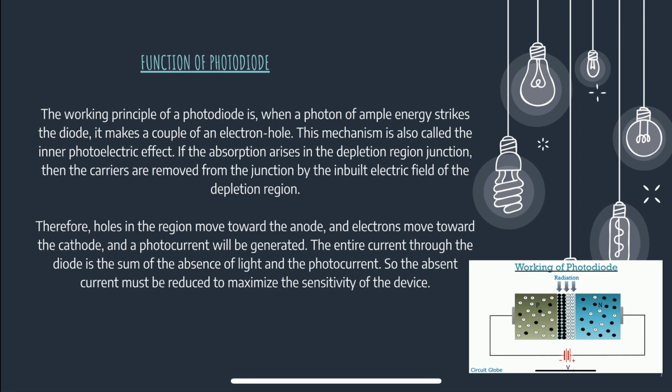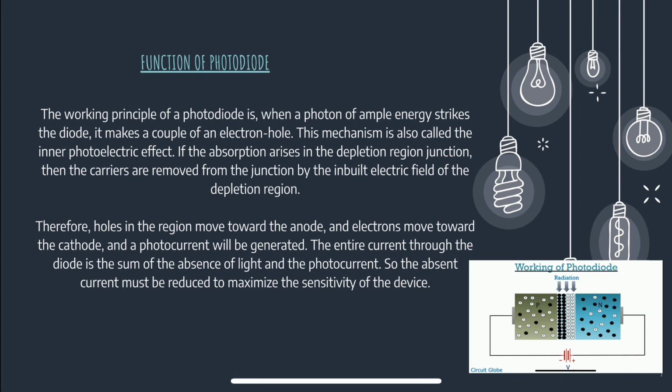If the absorption occurs in the depletion region of the junction, then the carriers are removed from the junction by the built-in electric field of the depletion region. Therefore, holes move toward the anode, and electrons move toward the cathode, and a photocurrent will be generated.